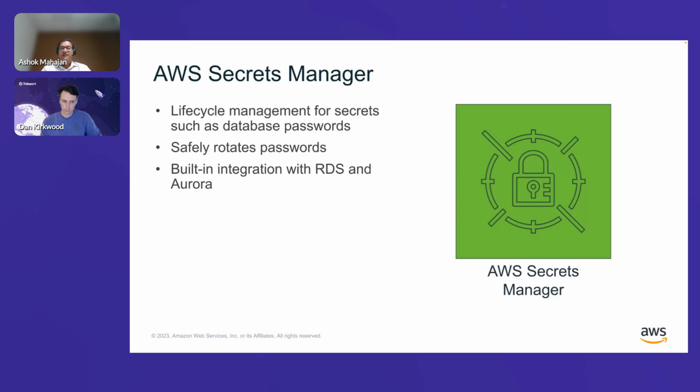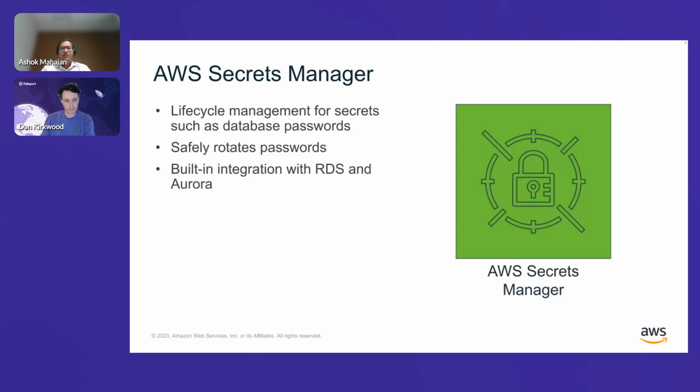AWS Secrets Manager is a secrets management service that helps you protect access to your applications, services, and IT resources. It lets you replace hard-coded credentials in your code, including database passwords, with API calls to Secrets Manager to retrieve the credentials. You can encrypt secrets at rest to reduce the likelihood of an unauthorized user viewing sensitive information.